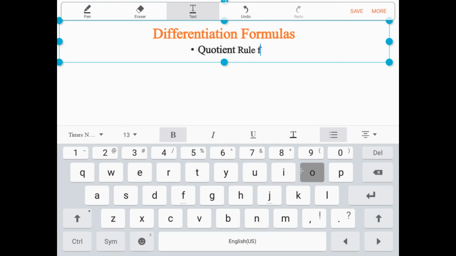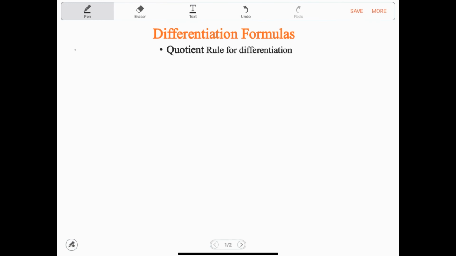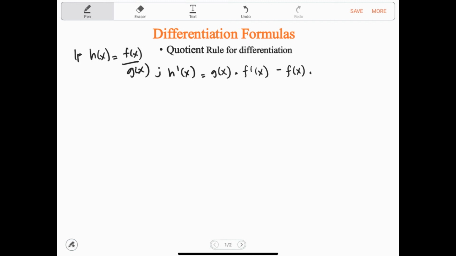Eighth differentiation formula is the quotient rule for differentiation. If h of x is equal to f of x divided by g of x, therefore h prime of x is equal to g of x times f prime of x minus f of x times g prime of x, all over g of x squared.